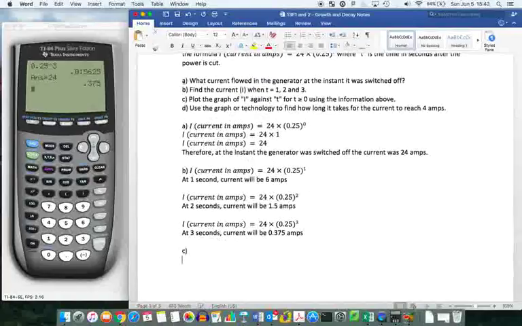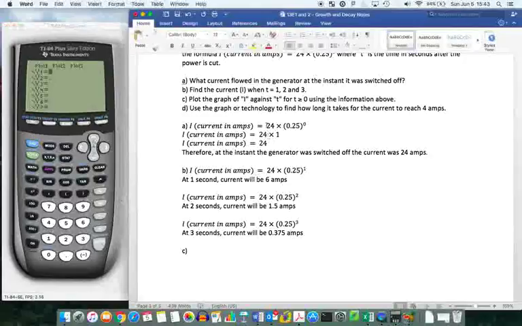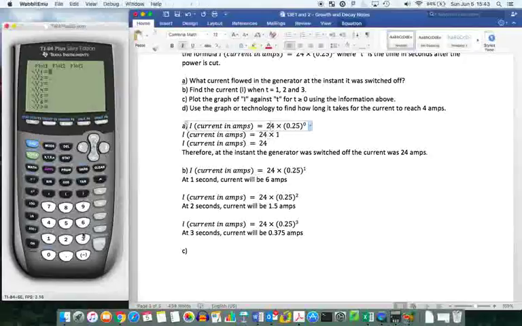C. Plot the graph of I against t for time is greater than 0 seconds using the information above. So as we've seen before, how do you plot graphs? You use the y equals function. And so the function this time is 24 times by 0.25 to the power of the x variable.